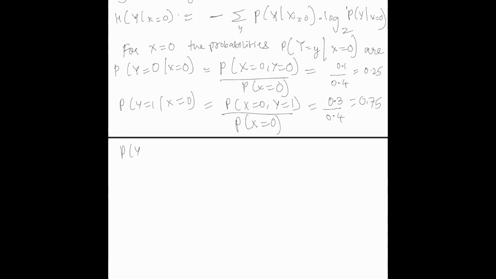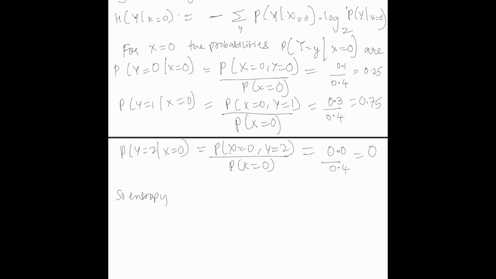Next is p of y is equal to 2 given x is equal to 0, which will be p of x is equal to 0 comma y is equal to 2 divided by p of x is equal to 0. This will come out to be 0 divided by 0.4, so this will be 0. This is what we calculated using our conditional probability formula.